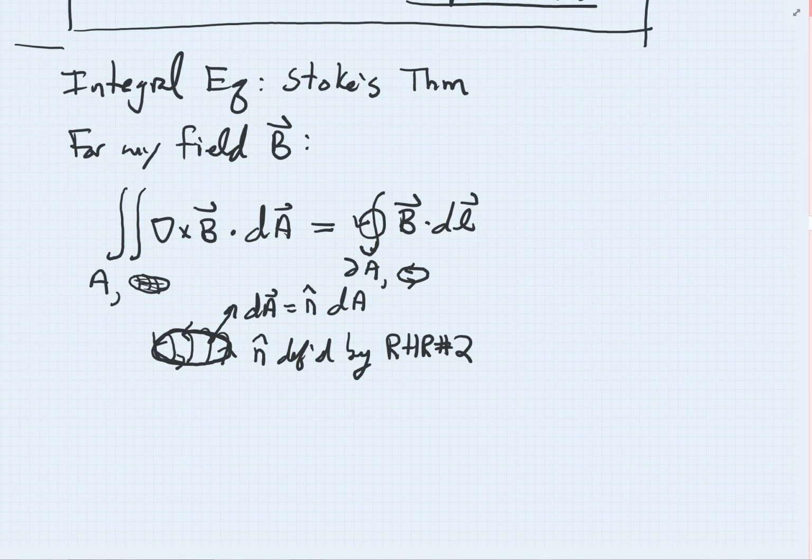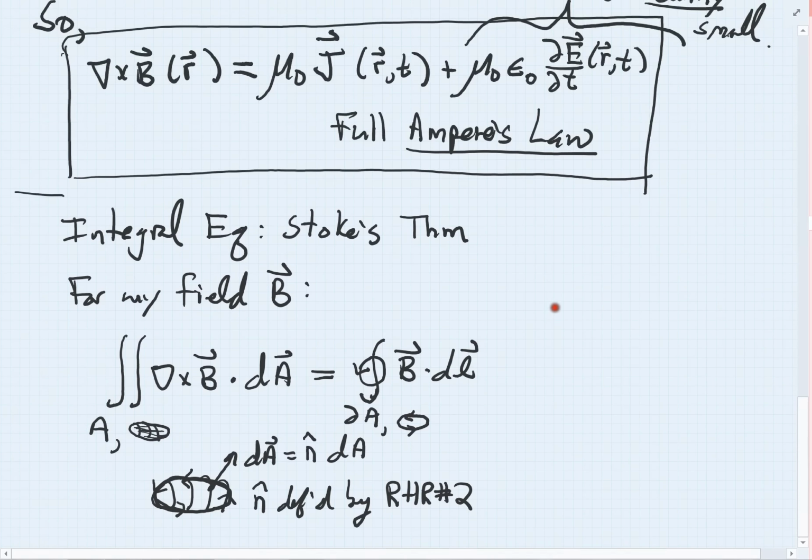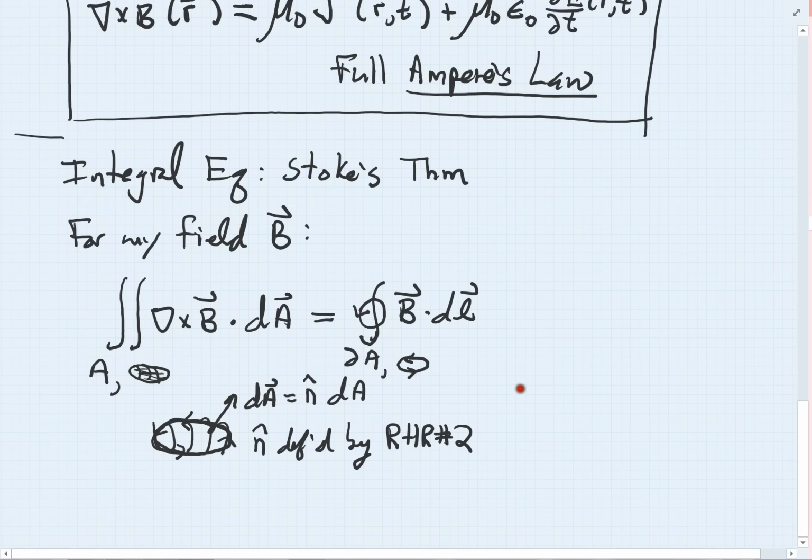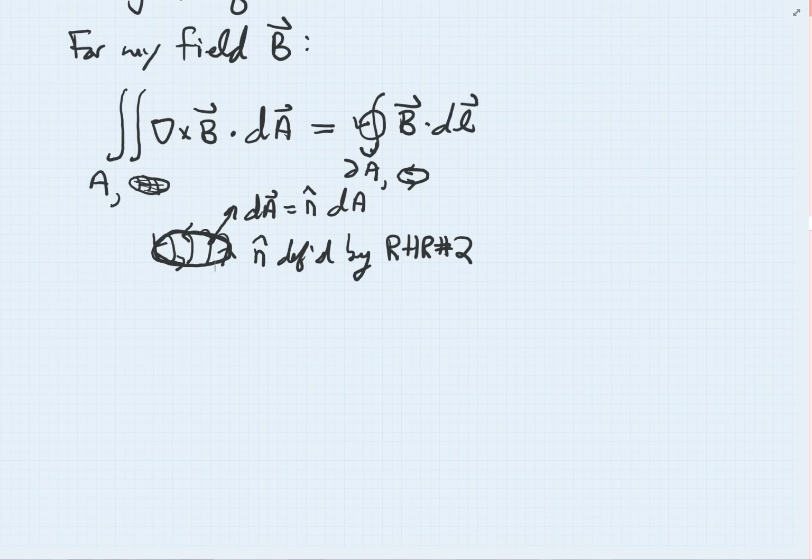What we're going to do now is to take our new physical law in this differential form and simply integrate both sides of this equation and use this mathematical result to simplify what we find. So let's rewrite then Ampere's law. It's the curl of B. And I'm going to leave some space before and after it so we can put in various integrals.